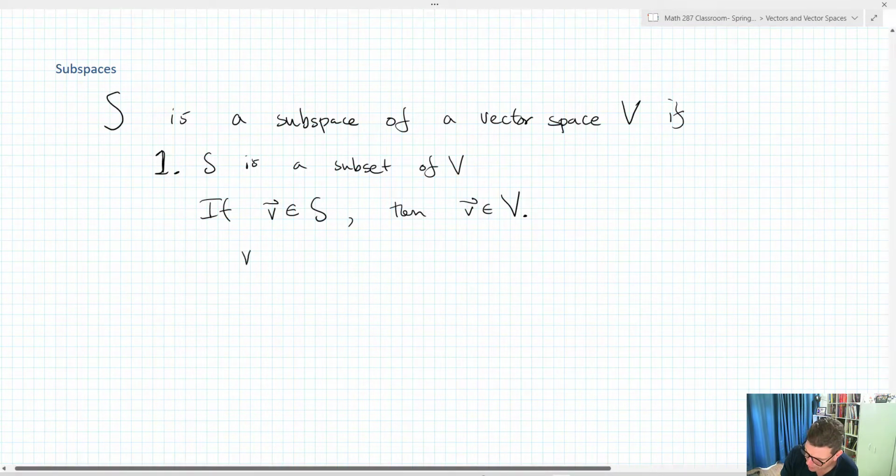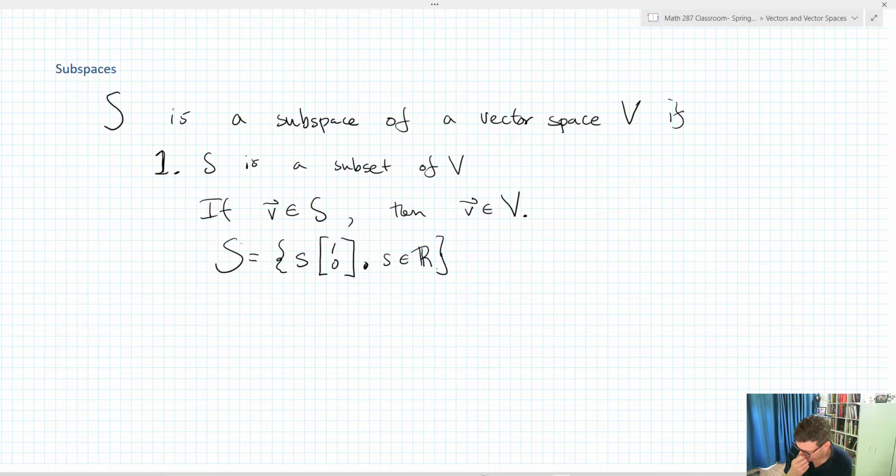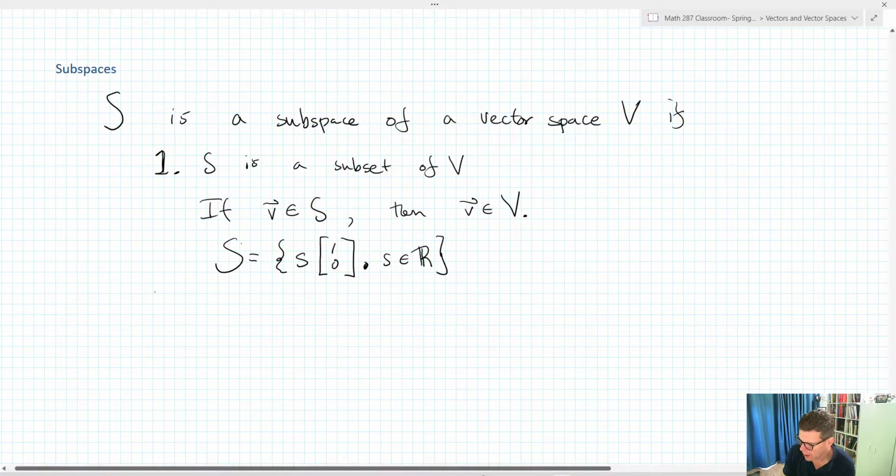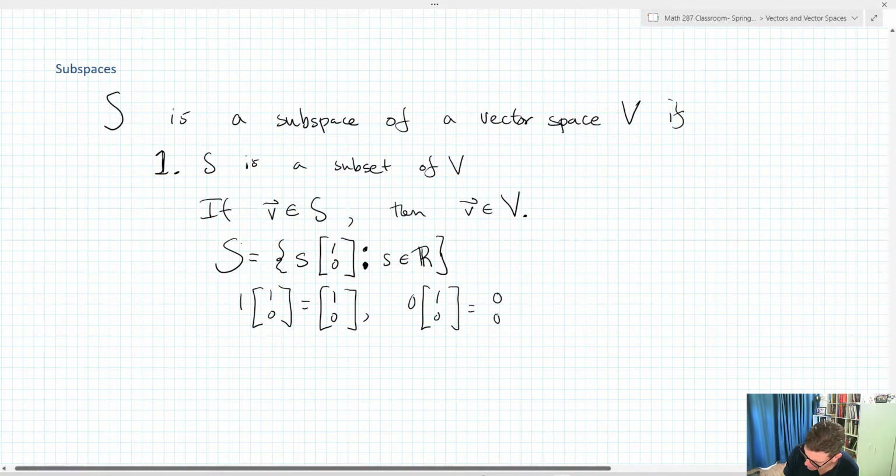So like for example, if we have S equals the set of all vectors s times (1, 0), for s belonging to the reals. So that's all the scalar multiples of (1, 0). So all the stuff with s belonging to R is going to be in S. So it'll be like 1 times (1, 0), that equals (1, 0). 0 times (1, 0) equals (0, 0).